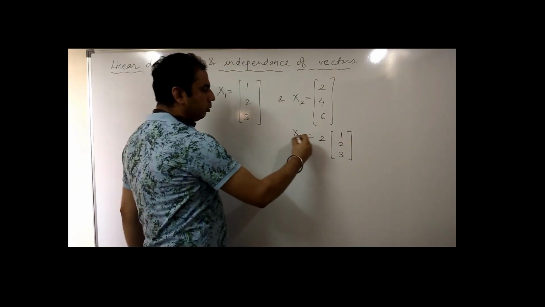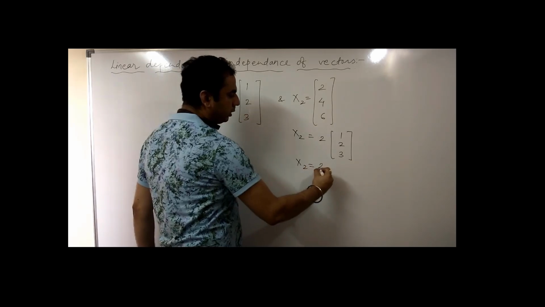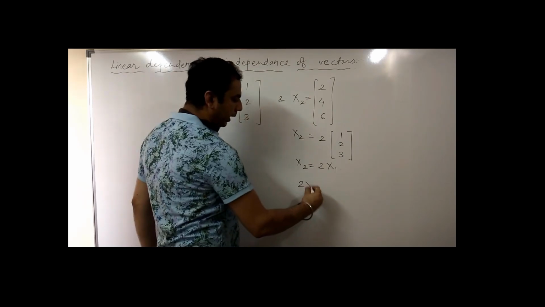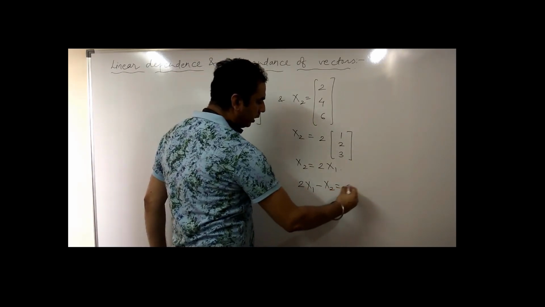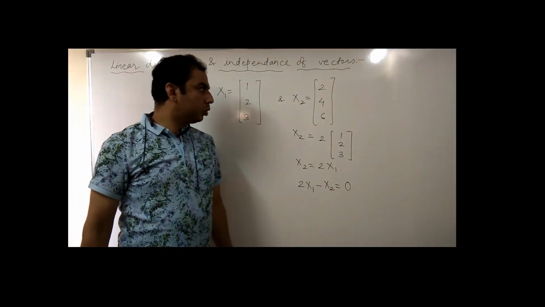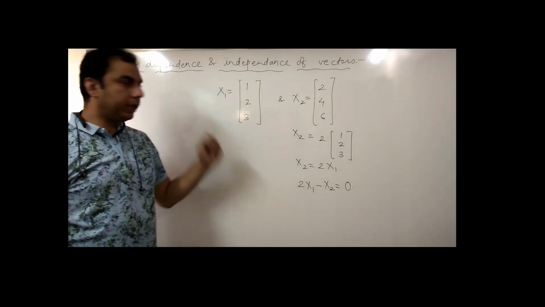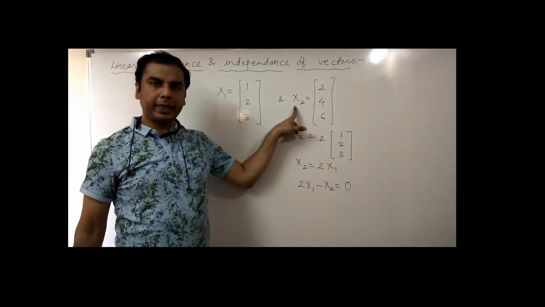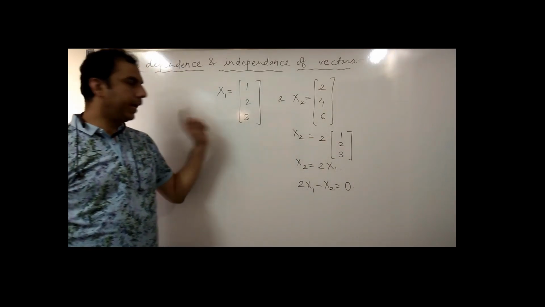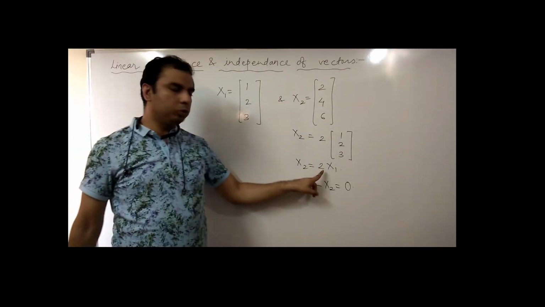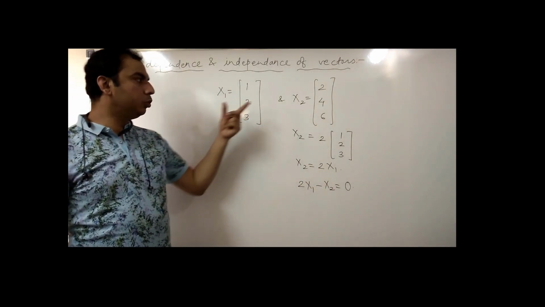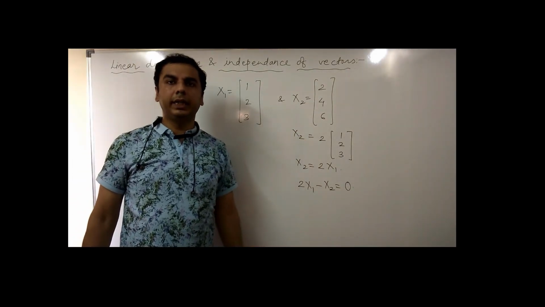So X2 can now be written as X2 equal to 2 times X1, or 2X1 minus X2 equal to 0, the null matrix O. From this we can observe that one vector X2 can be written as a scalar multiple of the other vector X1. Here we are taking 2 to be the scalar. So in this case we will say that the two vectors X1 and X2 are linearly dependent.